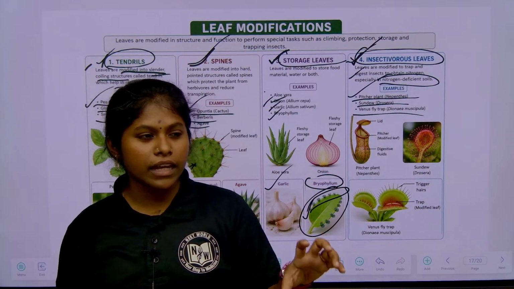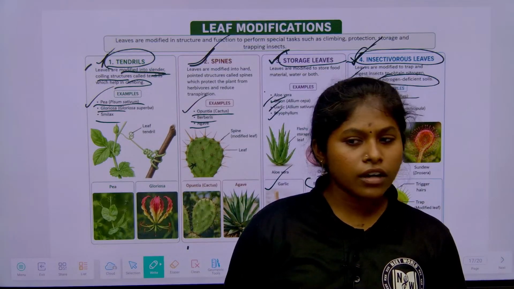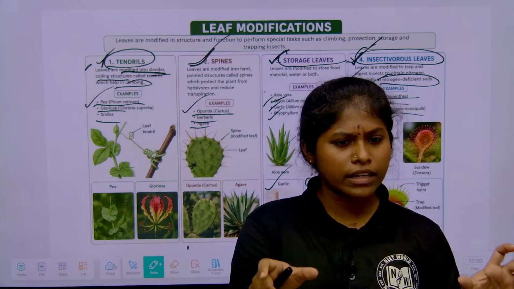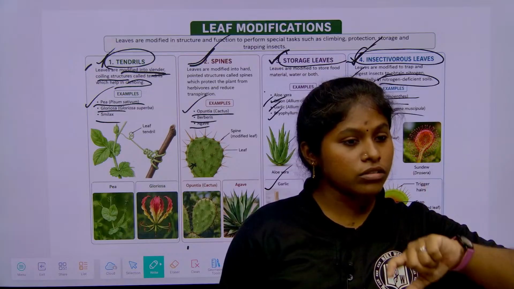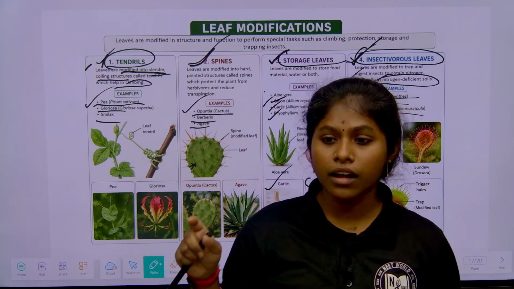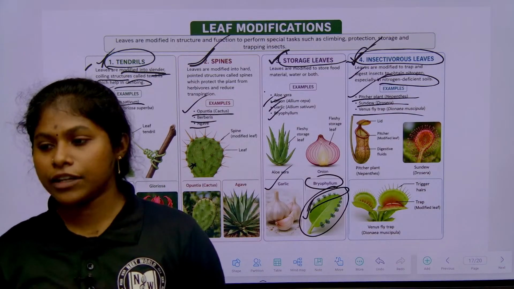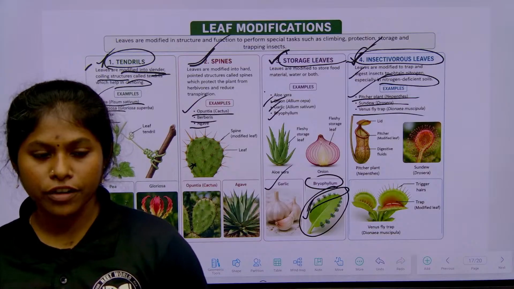In some plants like Australian acacia, the leaves live only a very short time, after that they fall off. So the petiole expands and does the photosynthesis. This is about the leaf modification.